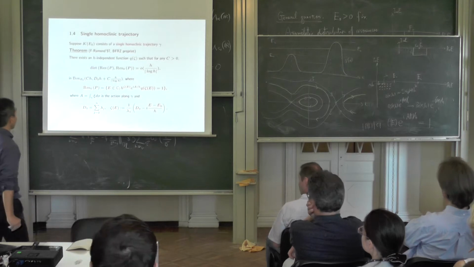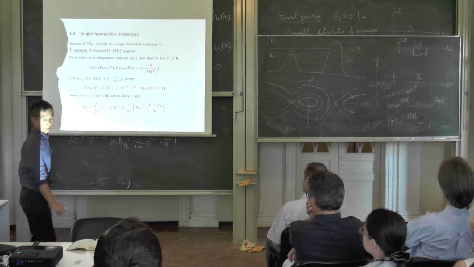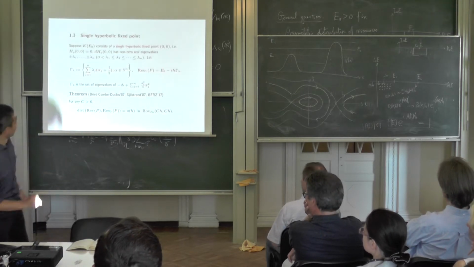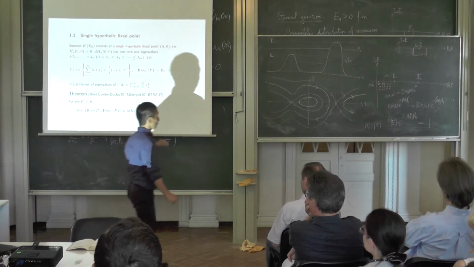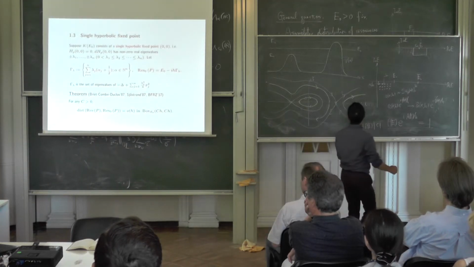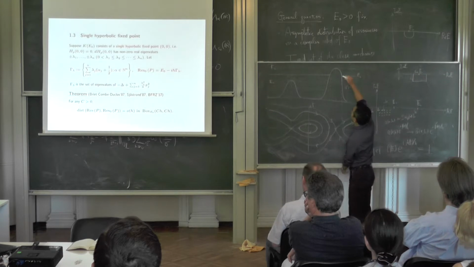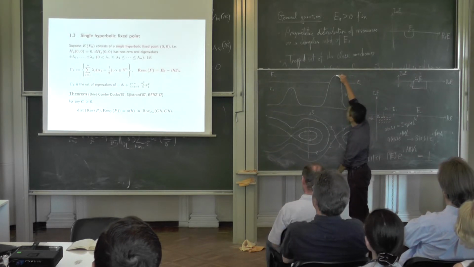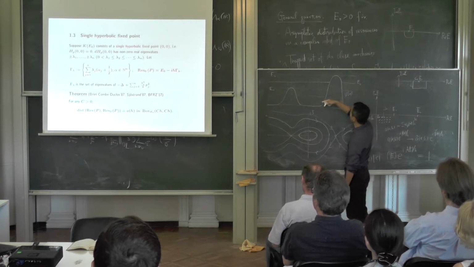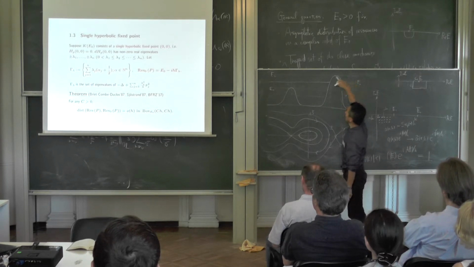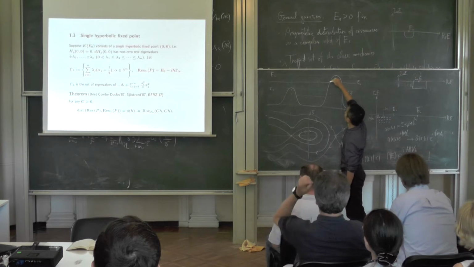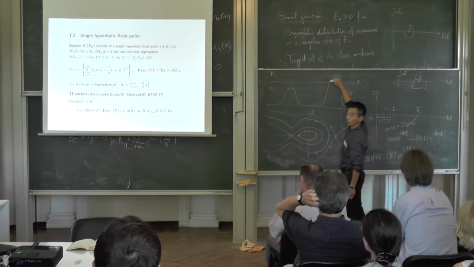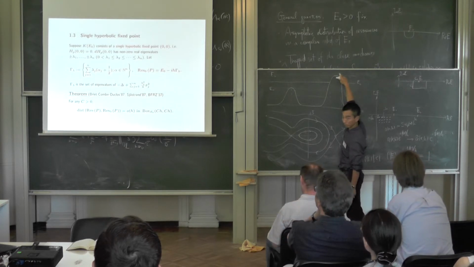So next, yes, the hyperbolic fixed point problem is that if we are here, then a classical particle, which comes, for example, from the left, with this E2 energy, will take infinite time to reach this maximum.